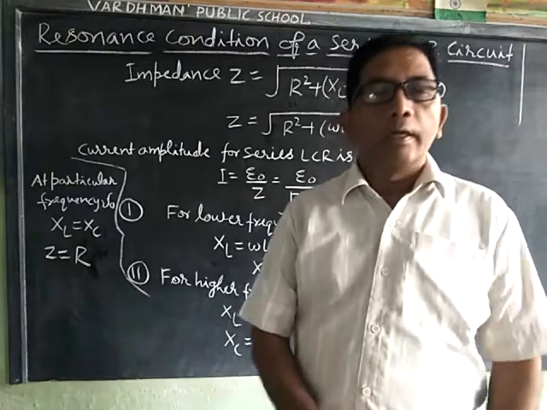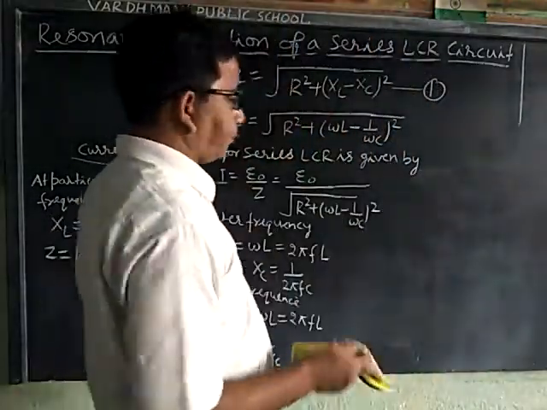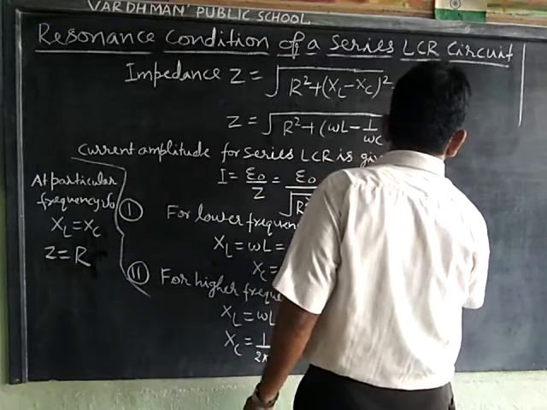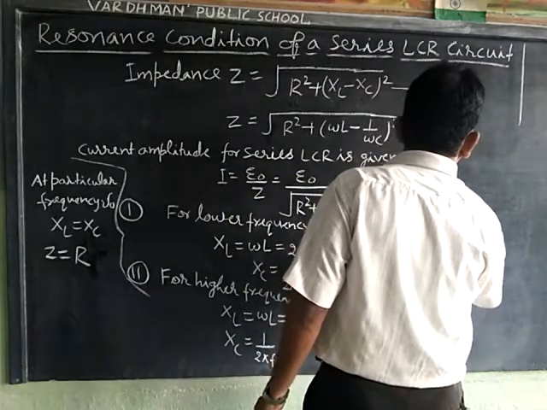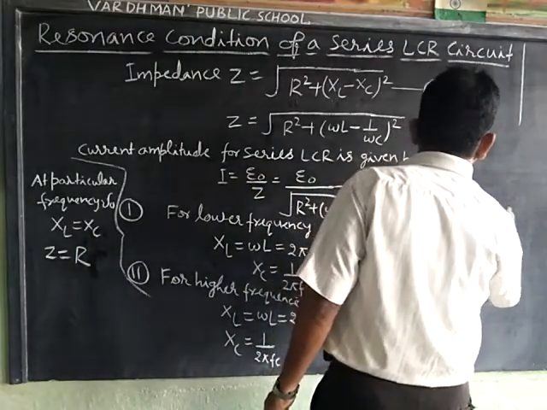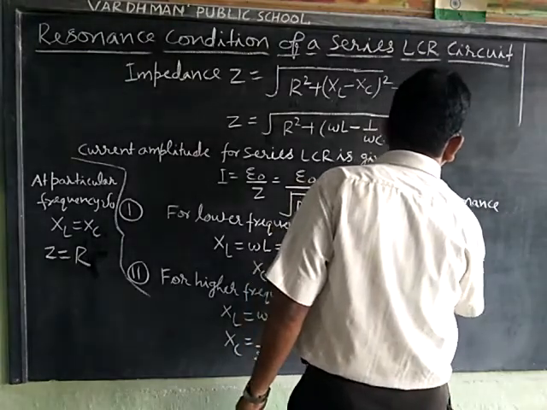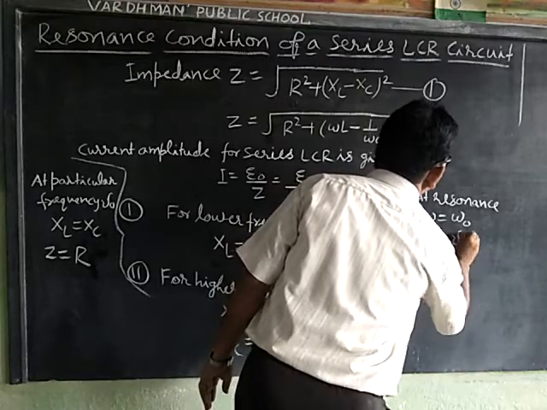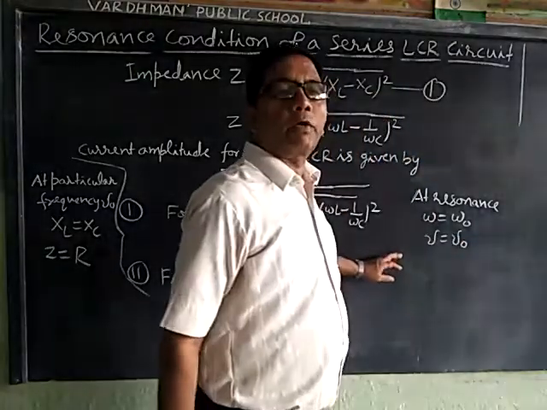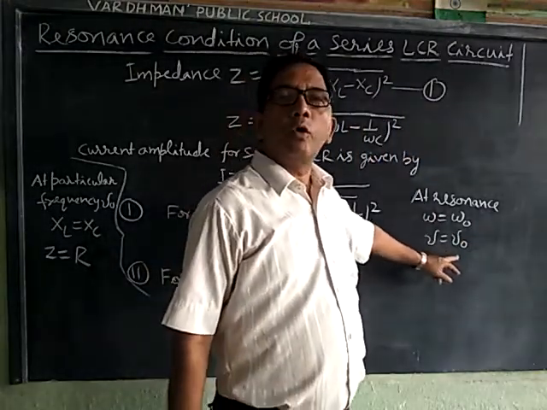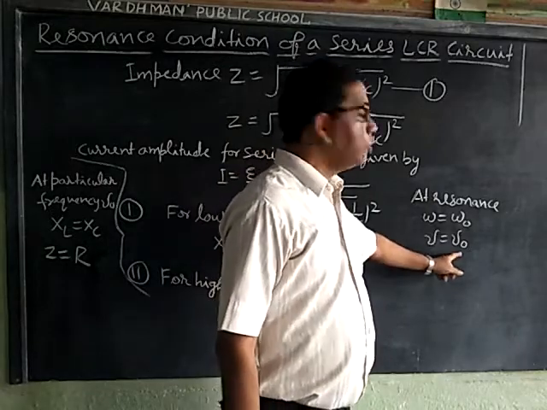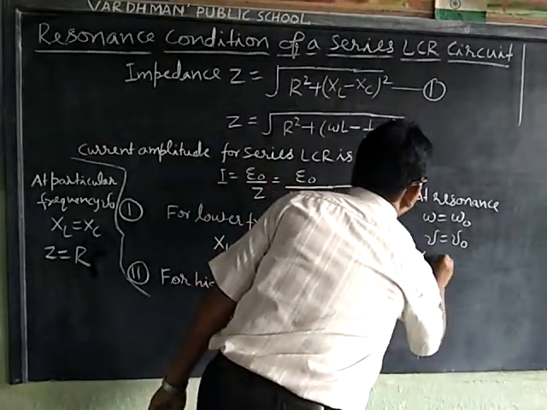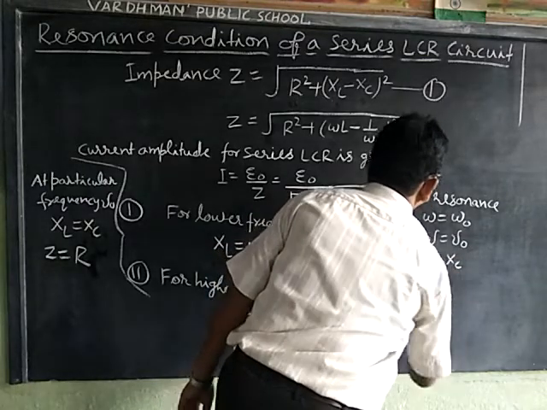Now at resonance, omega is equal to omega 0 and nu is equal to nu 0. Therefore XL is equal to XC.